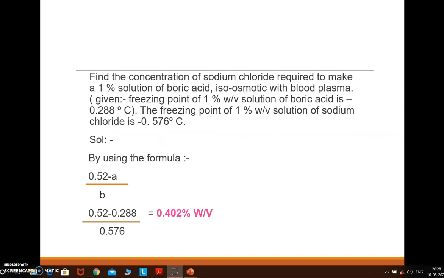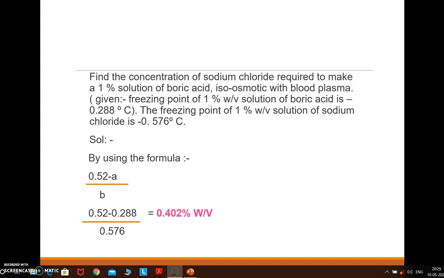Now the next sum is find the concentration of sodium chloride required to make a 1% solution of boric acid isoosmotic with blood plasma. Now we are having both A and B. So A is basically boric acid, that is the unadjusted solution, whereas B is your sodium chloride.